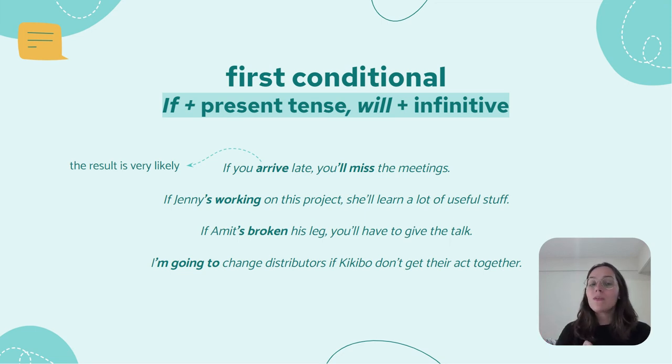Now, once again, we've got present tense. And so that allows me to play with language and meaning and go for other present tenses, as in the case of if Jenny's working on this project, that is a present continuous, or in the case of the third example, a present perfect.